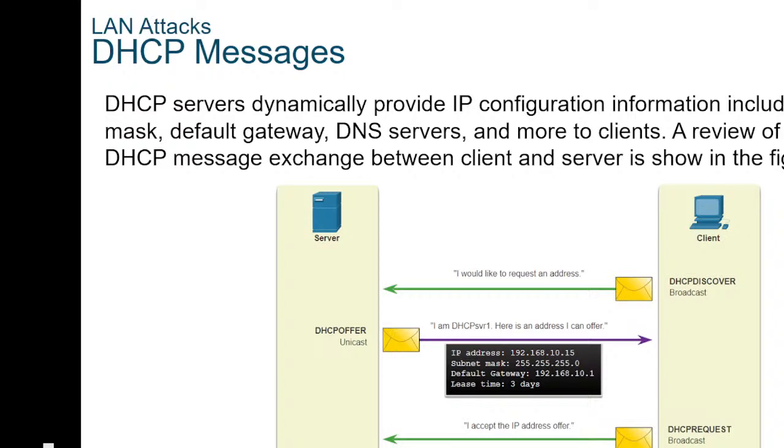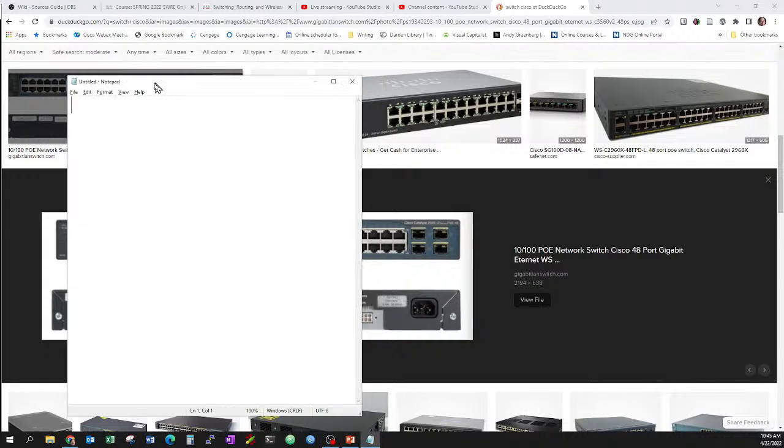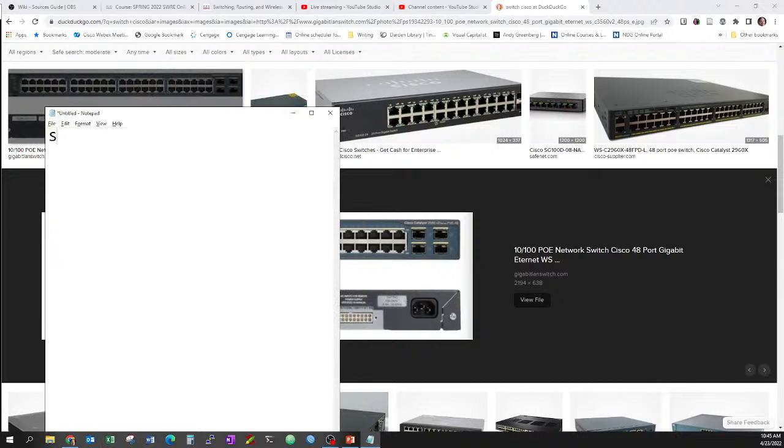Instead of seeing Google, so here's my DHCP message that comes down to my host.